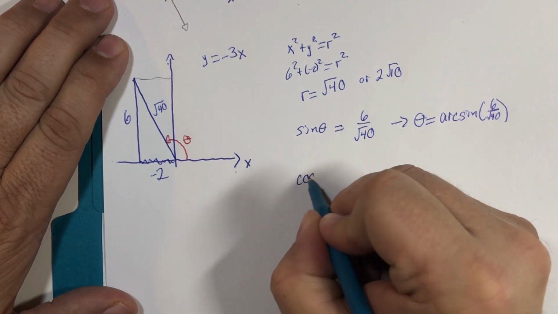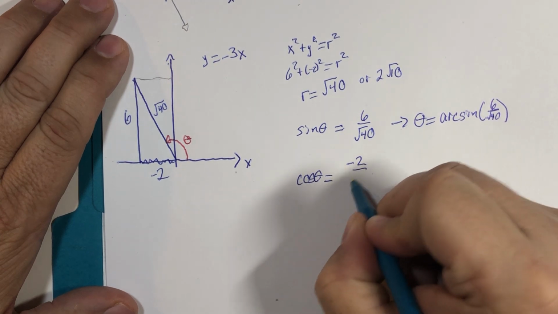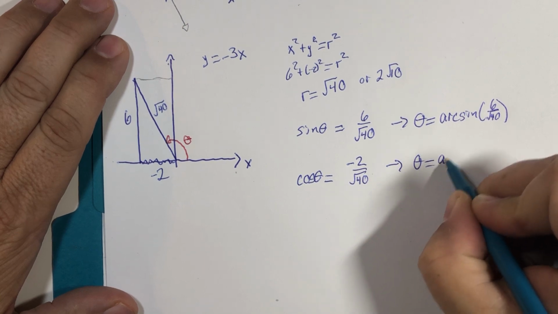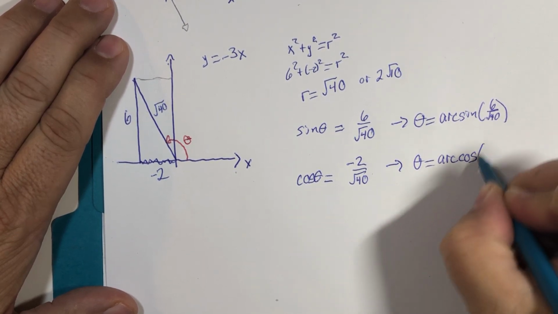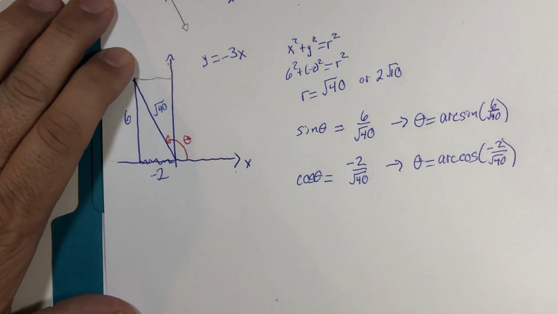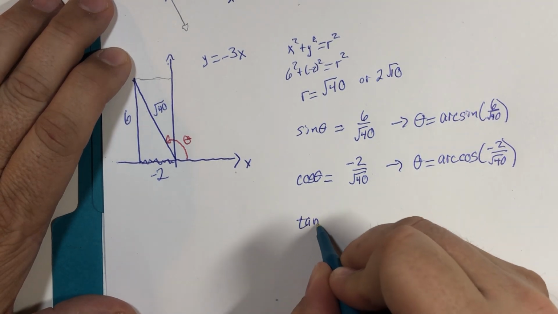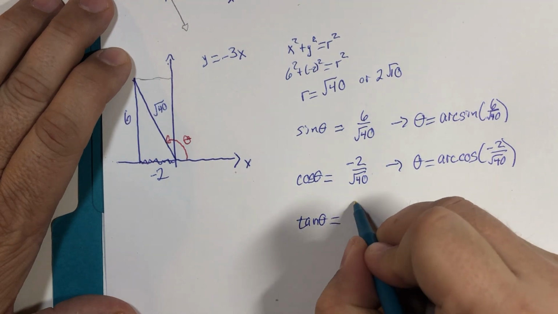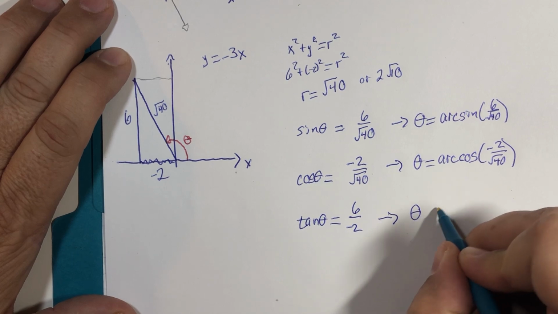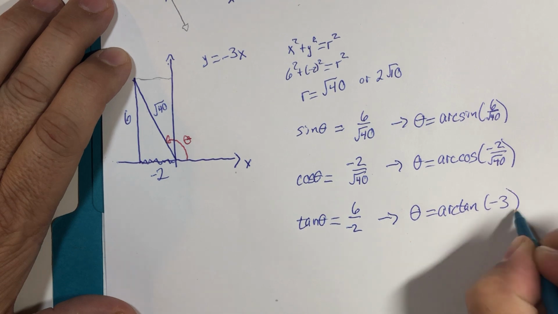The cosine of theta is x over r, negative 2 over root 40. And so theta is the inverse cosine of negative 2 over root 40. Finally, the tangent of theta is y over x, 6 over negative 2, which is negative 3. So therefore, theta is the inverse tangent of negative 3.